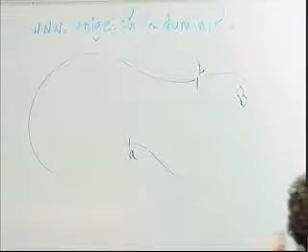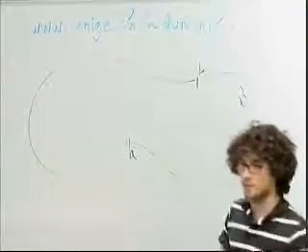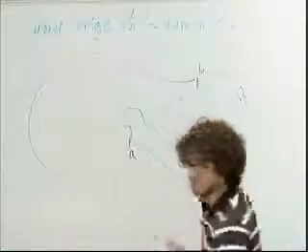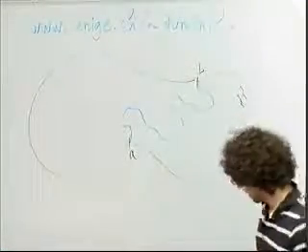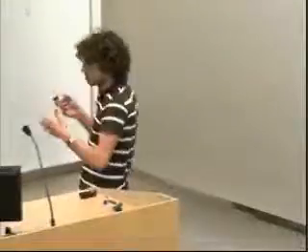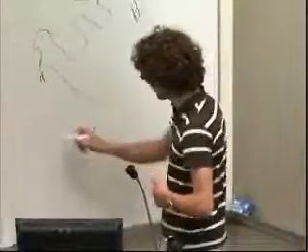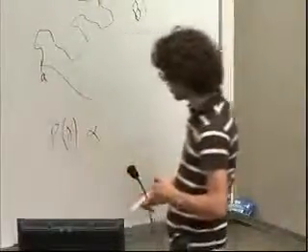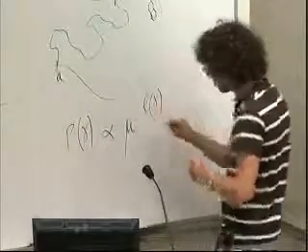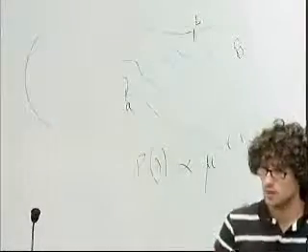And you look at all the self-avoiding paths that start at A and arrive at B. So there is a very natural measure to put on them. Like always, you want to penalize by the energy, so you will put a measure where the probability of some curve gamma would be proportional to mu to the minus the length of the gamma.